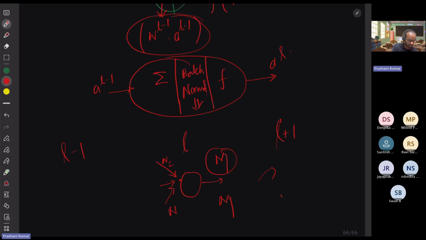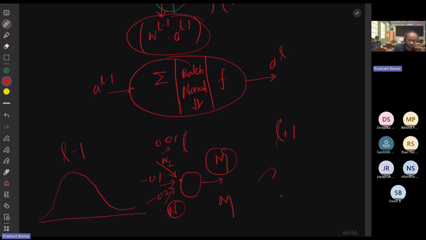If this neuron is taking n number of weights, then these weights will create a distribution. It will create a histogram. Let's say this value is 0.1, another will have a value of minus 0.1 or minus 0.2.